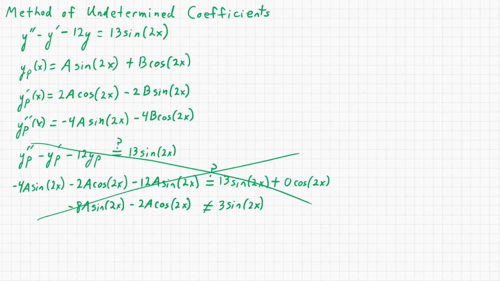Now if I add those together, well, y particular double prime gives negative 4a sine of 2x minus 4b cosine of 2x, and then I've got my minus, so I'm subtracting y particular prime. I get minus 2a cosine of 2x, and I have a minus minus 2b, so plus 2b sine 2x.